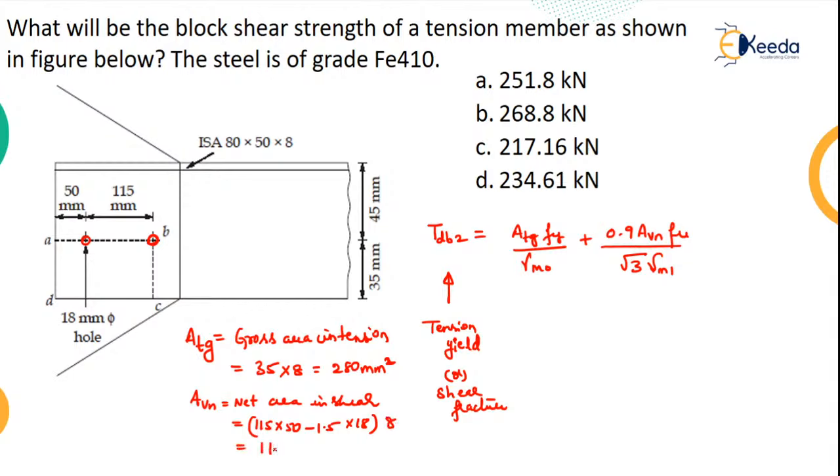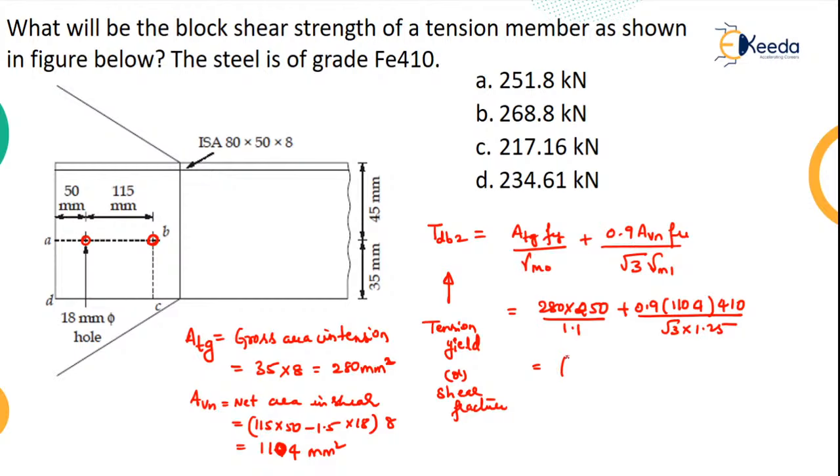So this will give you 1104 mm square. So do the substitution. This will be 280 into 250 whole divided by 1.1 plus 0.9 into AVN, nothing but 1104, into Fu is 410 whole divided by root 3 into 1.25. So this is giving you a value equal to how much?